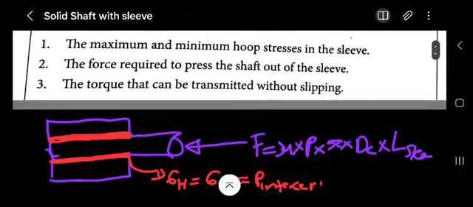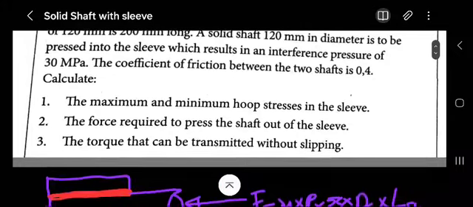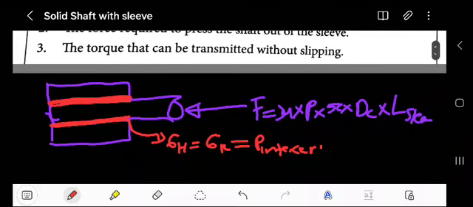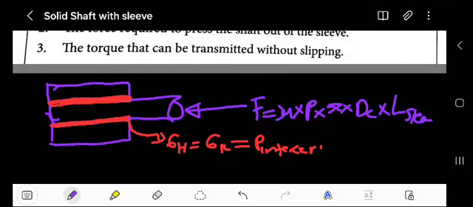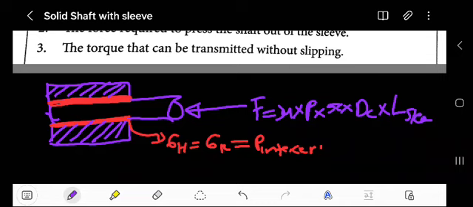Okay, they say calculate the maximum and the minimum stress in the sleeve, not in the shaft, in the sleeve, guys. I'm sectioning that sleeve. So that is a sleeve, guys. We're still applying thick cylinder.